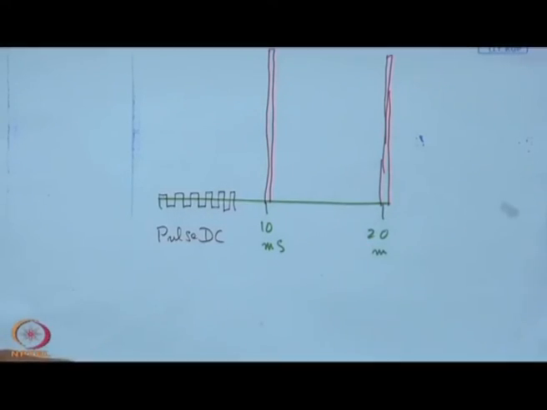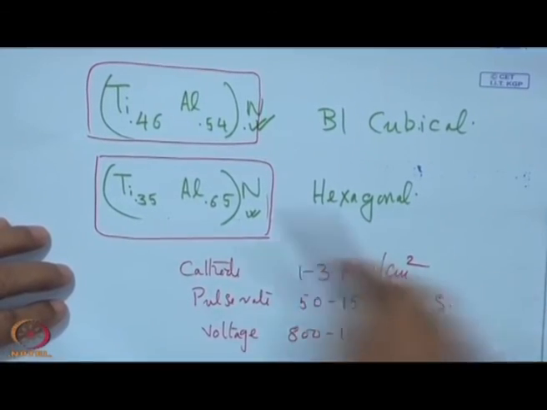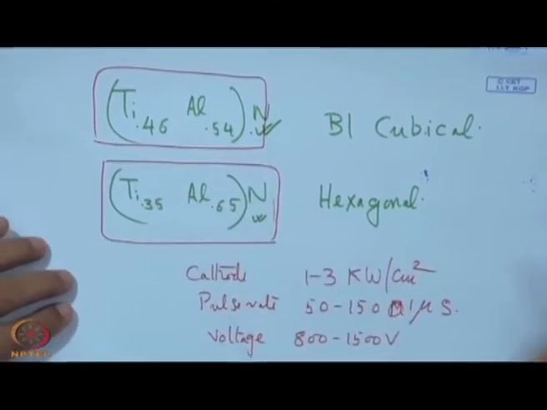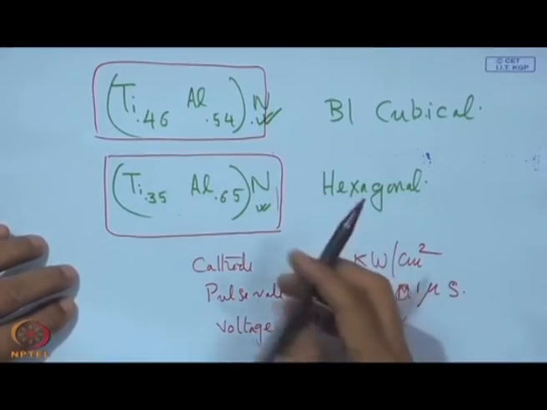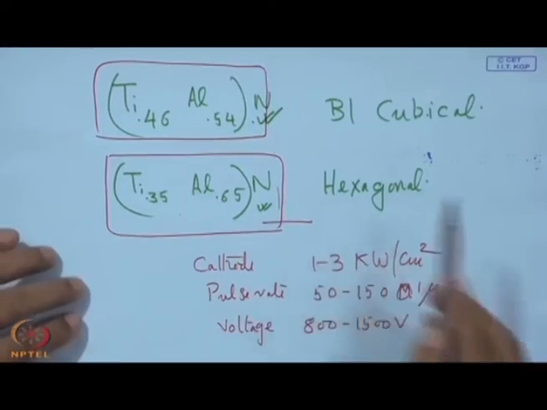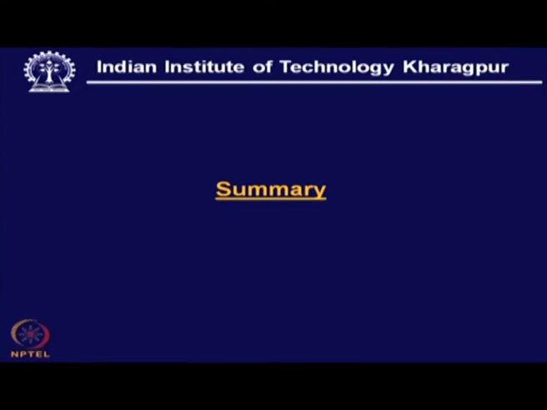With this it is possible to have such a coating which has much better properties compared to conventional titanium aluminum nitride, and this is called the supernitride coating. So, with this we can summarize the whole thing. That means, there are certain upcoming technologies for layering or for having a coating.